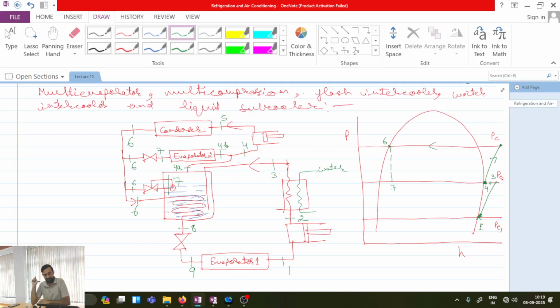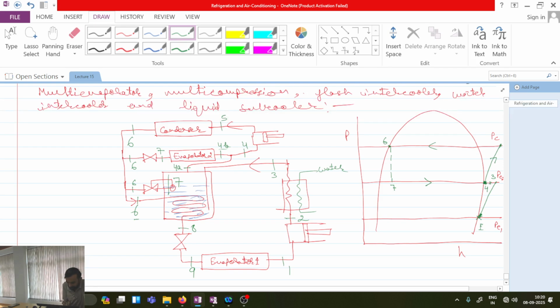One expansion is entry to the evaporator, so from 7 it will be entering the evaporator, and then ultimately it will go to state 4. The other is entry to the flash chamber, where some liquid and vapor will form. Vapor will again go to state 4 and liquid will remain within the flash chamber. Is this one clear? And that liquid is being used for two purposes: one is for intercooling of this vapor and the other is for subcooling of this.